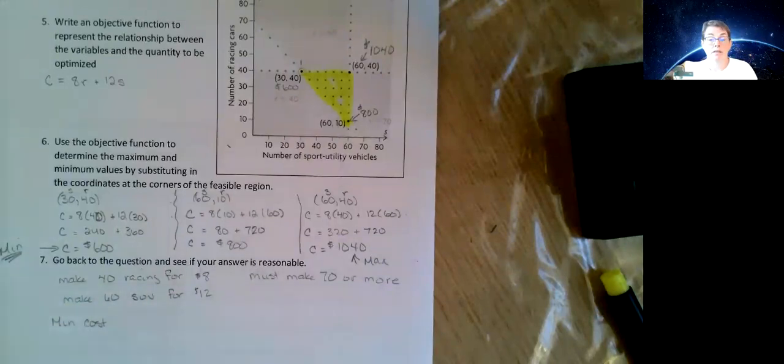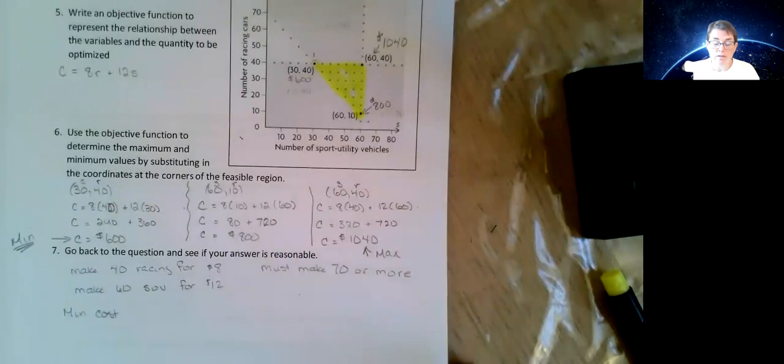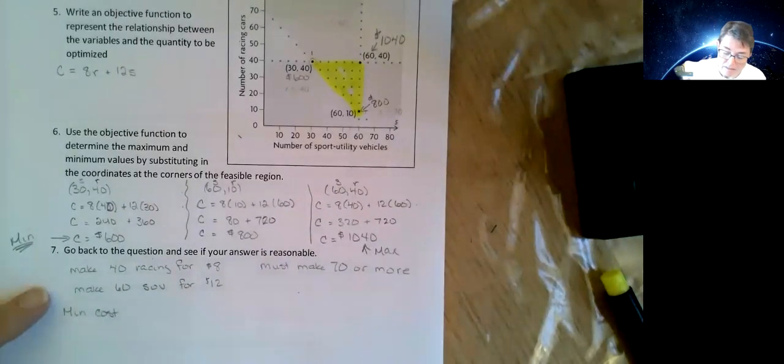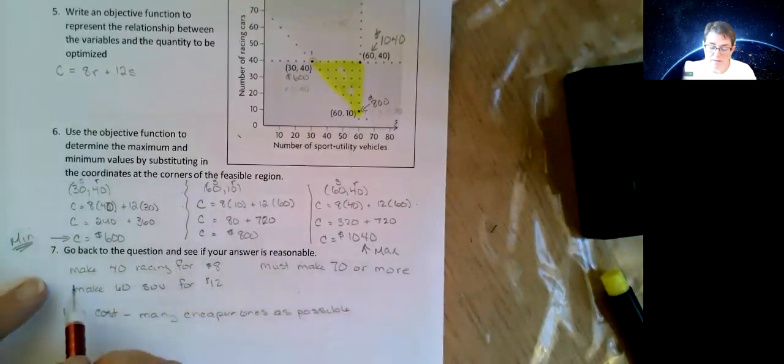So if you want to make minimum costs, yeah, this is just logicking it through, but it should support. So what you want to do is you want to make as many of the cheap ones as you can, as cheap as possible and just enough more expensive ones.